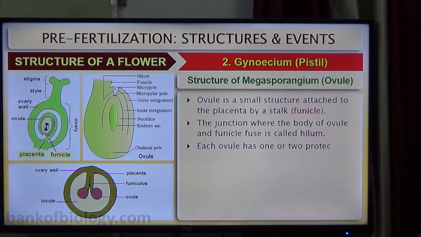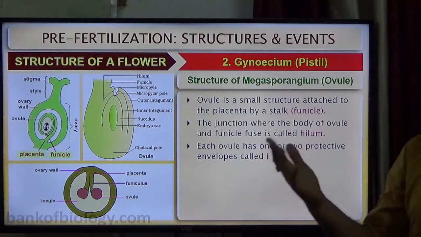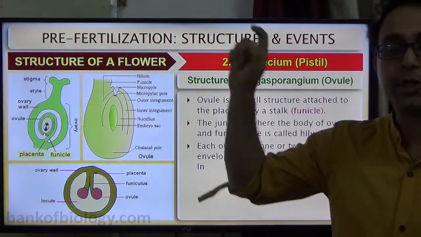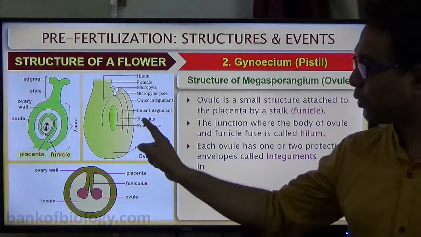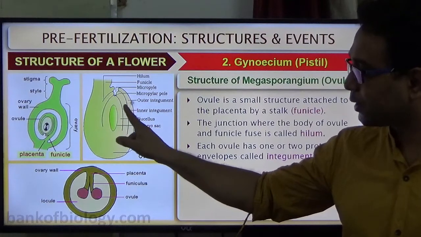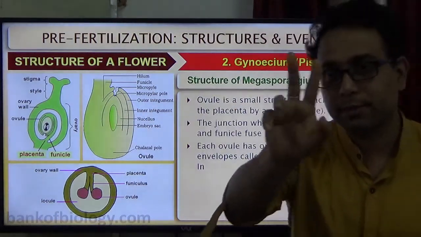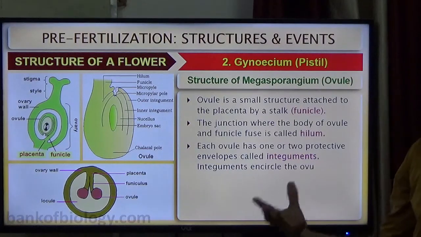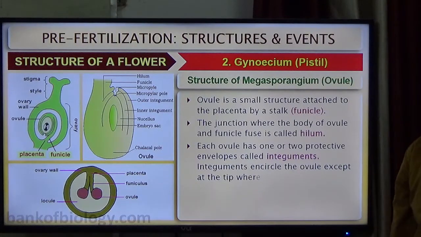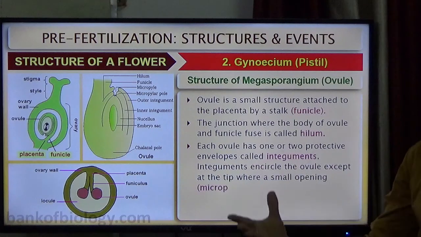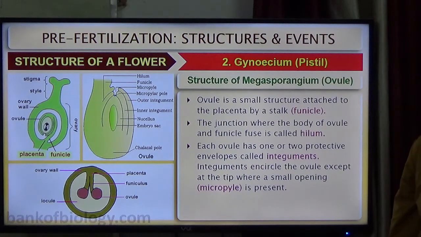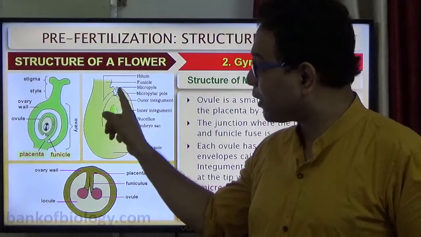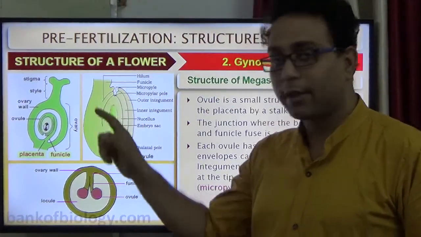Each ovule has one or two protective membranes or envelopes, called the integuments. These have two integuments, outer integument and inner integument. That means generally two integuments are there. What is the function? They protect and give some nourishment to the embryo sac. But there is one position where the integument is absent in that particular region.